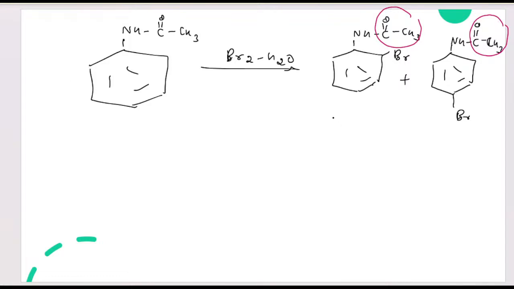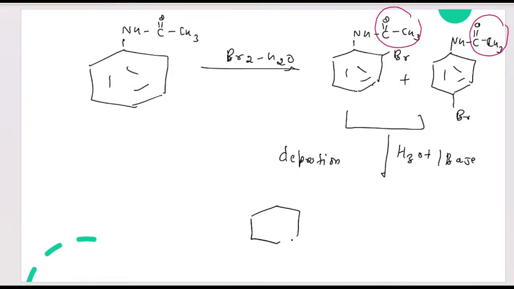Okay, so the next step is what? That is deprotection. Then the question will be, ma'am, how to deprotect? You can use any acid, and even we can use base for the deprotection. Most commonly we are using bases. So after the deprotection, what is happening?